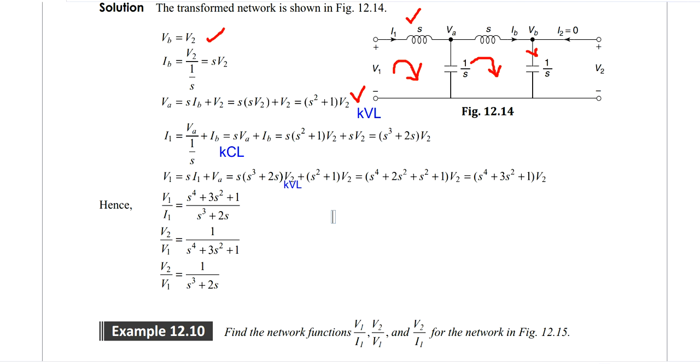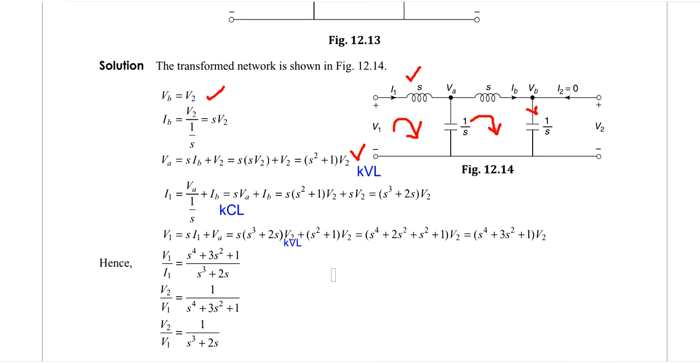What is V1? V1 is equal to S into I1 plus the voltage across 1 by S, that is VA. So V1 is equal to S I1 plus VA. If you simplify that, you will get this equation in the end.